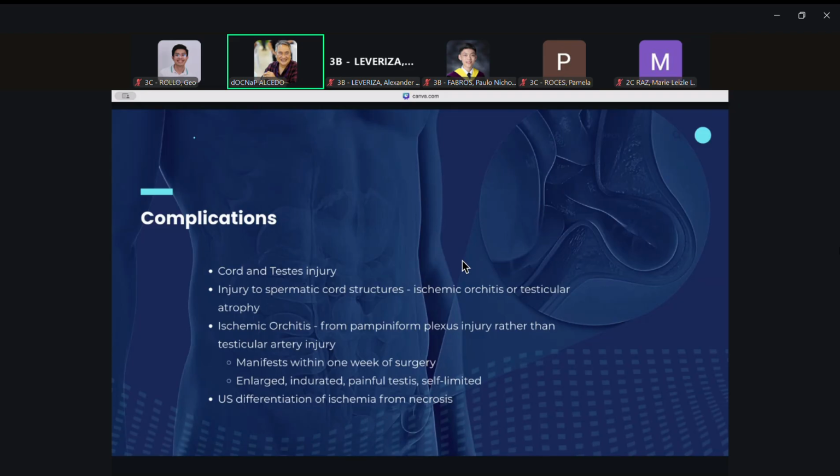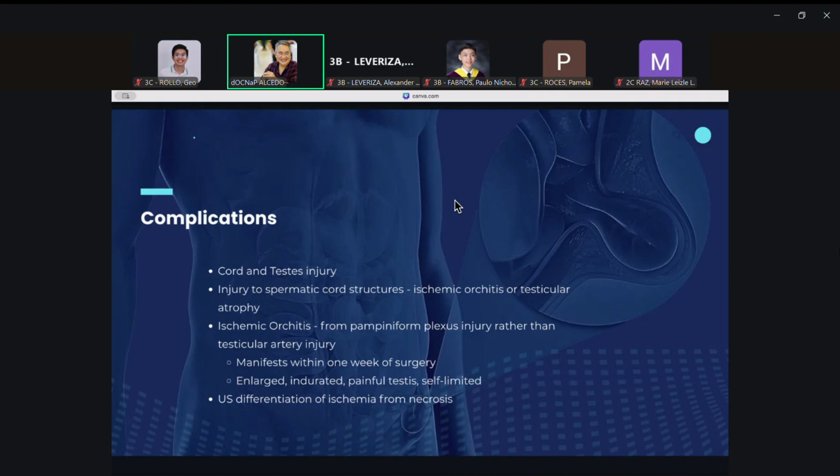So ischemic orchitis or testicular atrophy with slow but chronic ischemia can result. It can manifest within 1 week of surgery, and it presents with an enlarged, indurated, painful testis, which is self-limited.